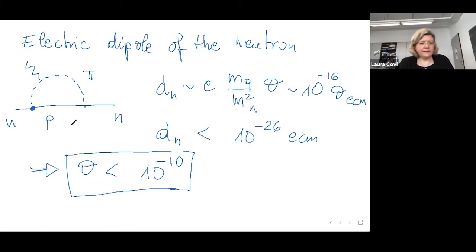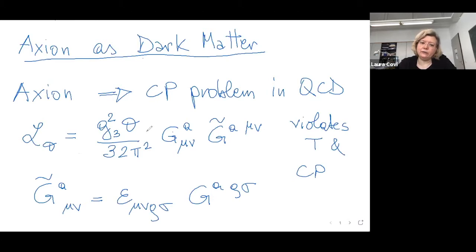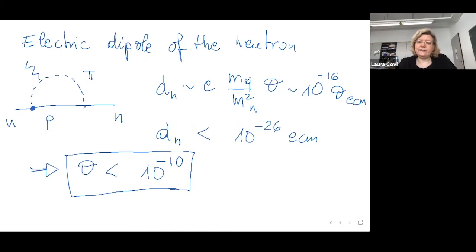Now, this is not the whole story, because of course we have CP violation in the standard model, and the CP violation is also connected to the quark masses, so that in fact we also have another contribution. Even if we had theta equal to 0, it's not completely true that we would not have an electric dipole moment and that we would not see any CP violation in QCD, because we have in principle a phase in the electroweak sector, and therefore also a complex phase in the mass matrices of the quarks.